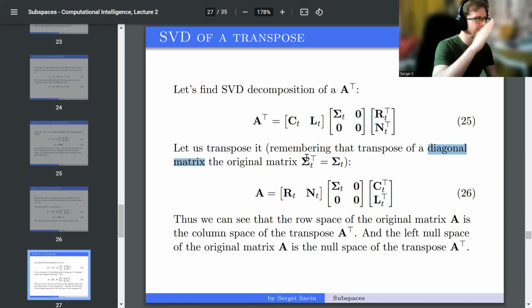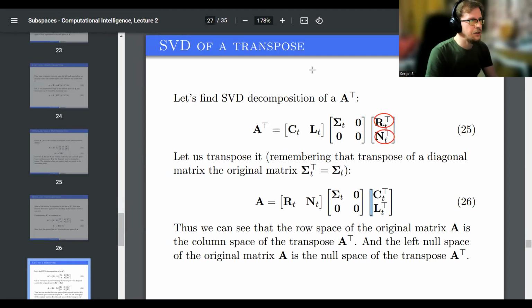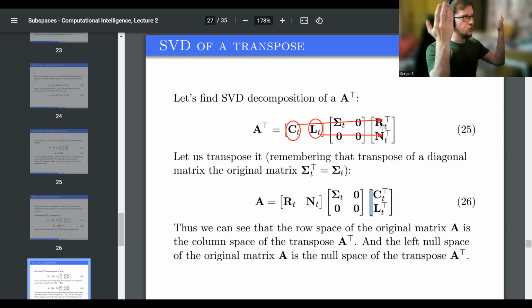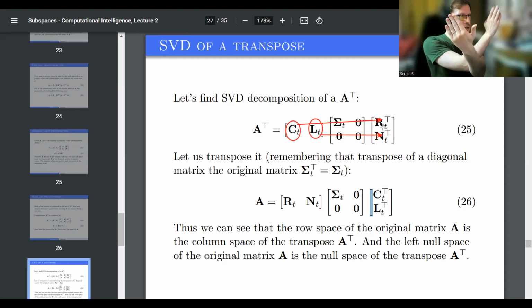You flip the diagonal, it doesn't change. So when we transpose it, these guys go here, and these guys go here. Because you transpose, you shift them around: the one that was standing would lie, the one that was lying would stand.